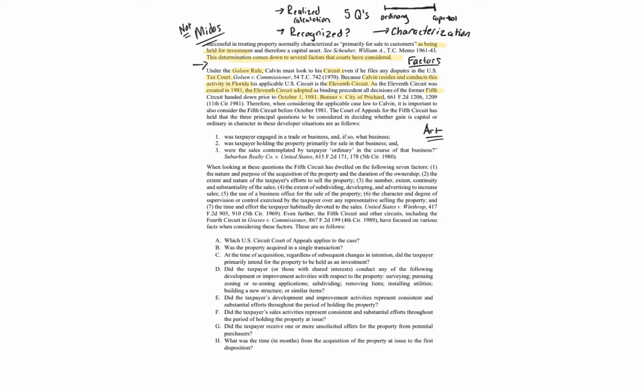Now, of course, if there's a 5th Circuit case that's been overruled, or superseded, or distinguished, those things are important. But if it's still good law in the 5th Circuit and the court ruled prior to October 1st, 1981, then it's binding on the 11th Circuit. All right, that's very important. So when we consider the applicable law, we also need to look at the 5th Circuit before October 1981.